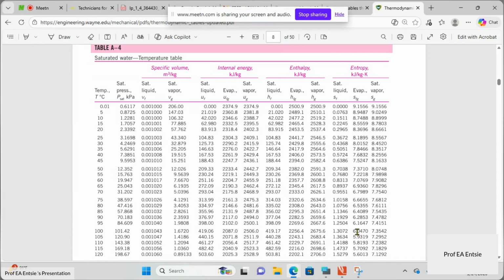So I'll come here, 90°C, right? Then I will read the specific volume there. You see the specific volume we have for liquid and we have for what? We have for vapor.